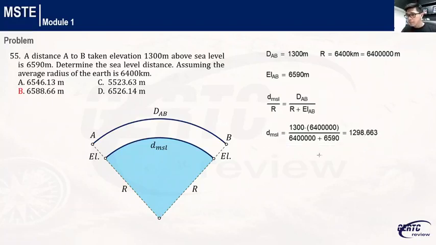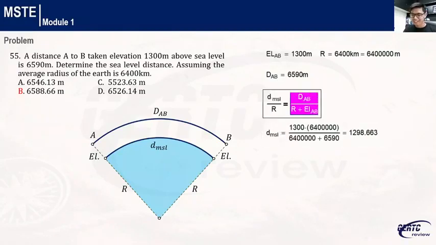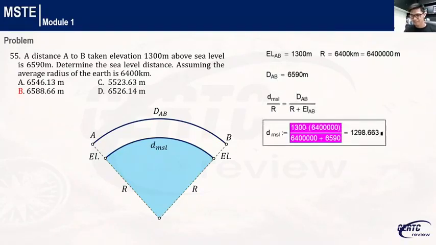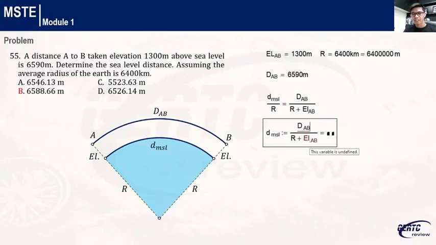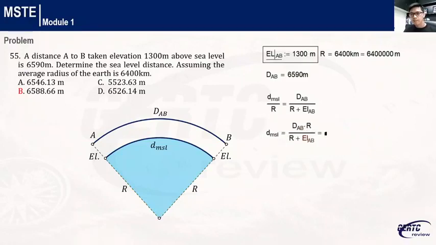The distance AB taken, sorry. Baliktad. Sorry, guys. Ayun pala. Ito yung distance natin. Sorry, guys. Naantok pa yata. Ito. Distance AB. Okay? Nabaliktad siya. Okay. So, we have R. Elevation.